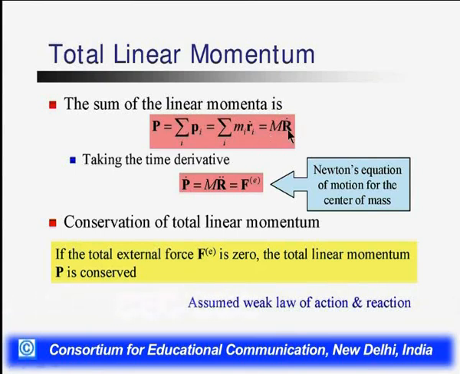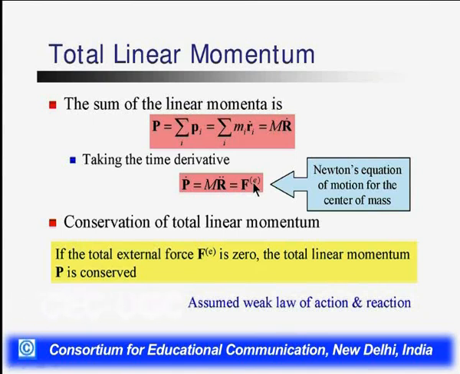Taking the time derivative, we write P dot, not writing dp by dt but taking the time derivative, which is equal to M R double dot. If it is dp by dt, it will be d square r by dt square. That's why we write R double dot, which is equal to Fe.